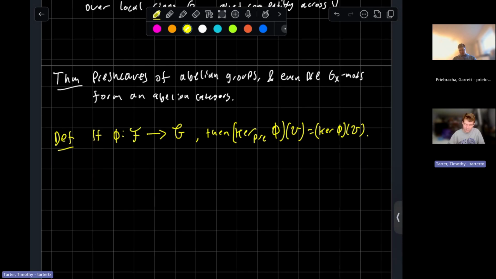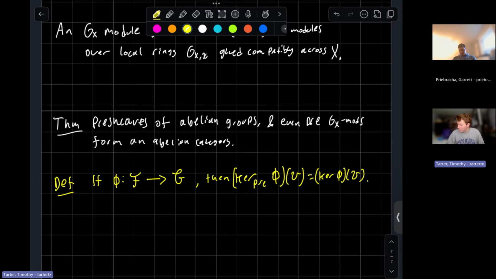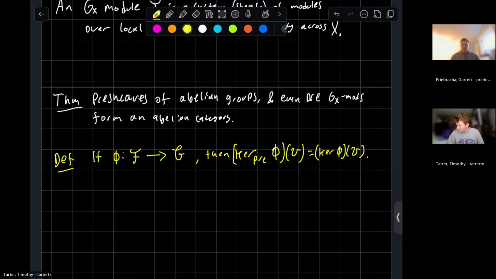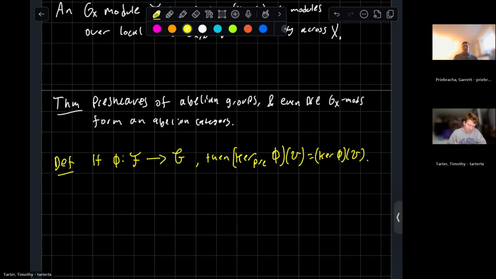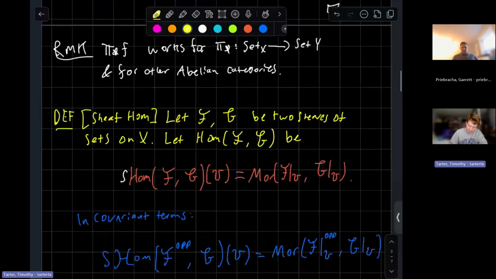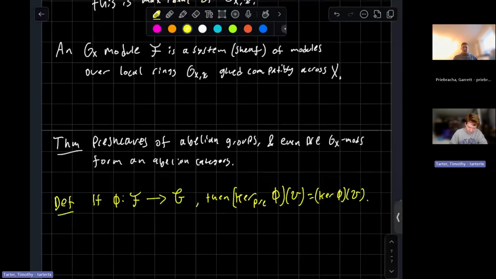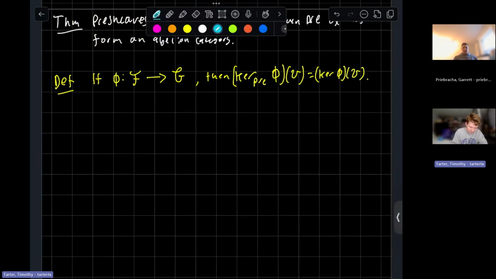Okay, I'm a little lost. So the pre-kernel of phi is a pre-sheaf.